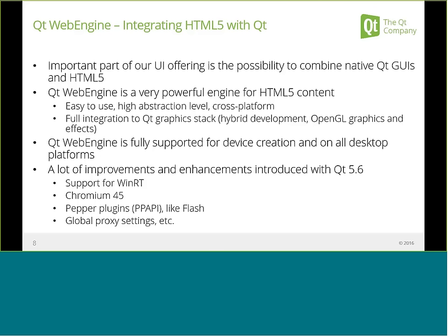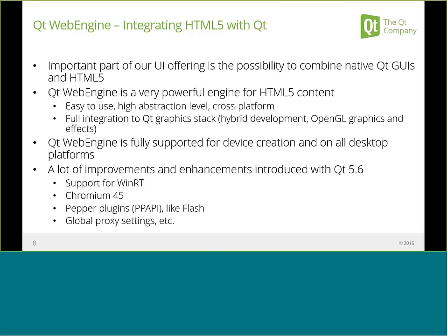With 5.6, we've put a lot of effort and improvements into it. So first of all, as it's based on Chromium, we've now updated the Chromium version to number 45. And maybe the biggest individual feature that has been requested earlier is the support for Pepper plugins, for instance, Flash.